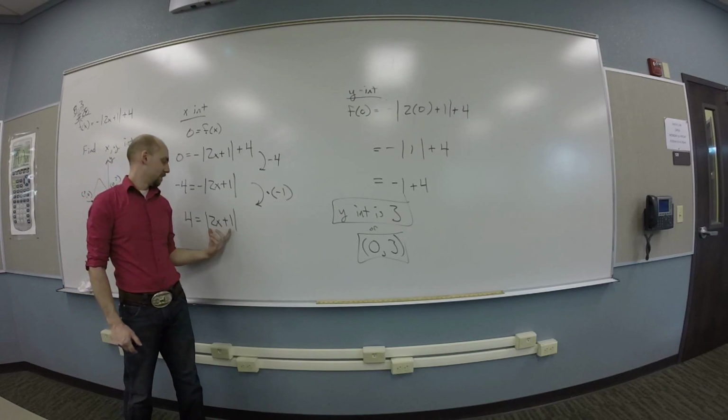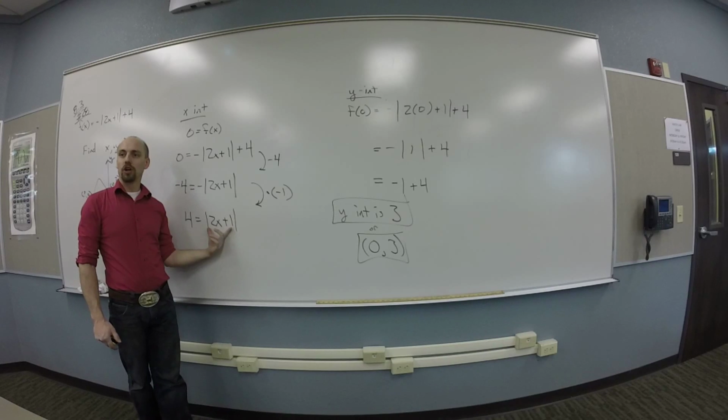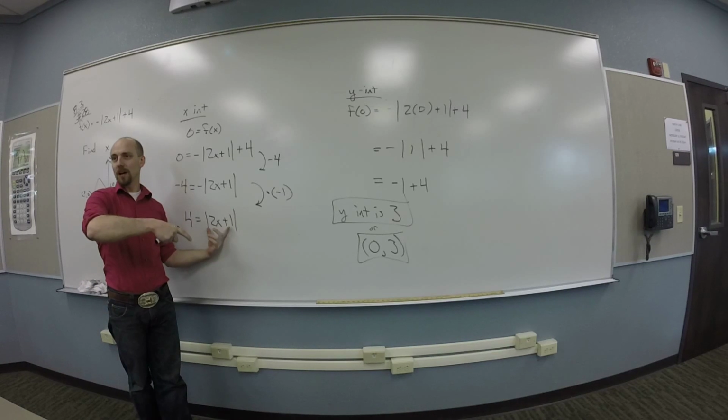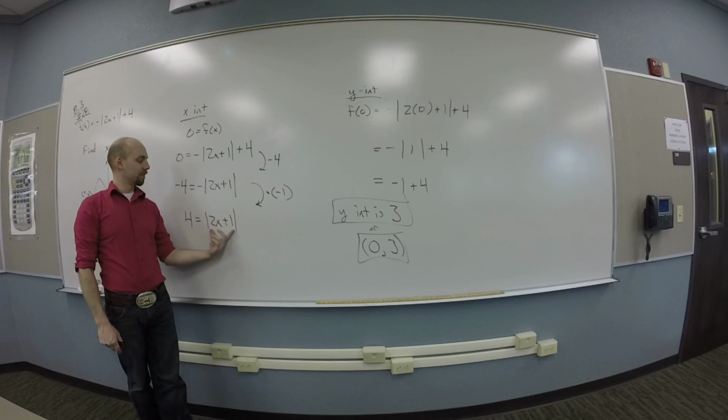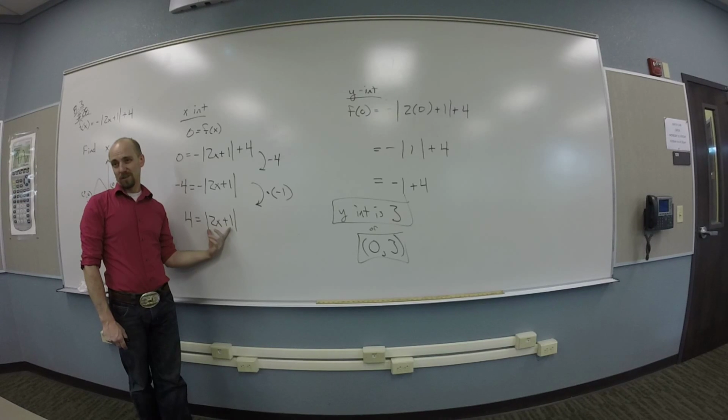I'm not sure if the stuff I put in there is positive or negative, right? I know that after I do the absolute value to it, I get 4, right? So that means that the stuff that was in here was either positive 4 or maybe negative 4.